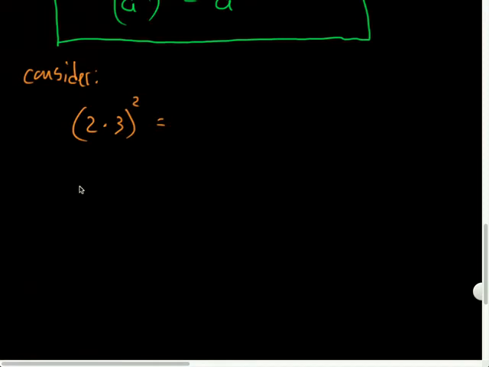Would it be 2 squared times 3 squared? Well, let's see. What does it mean to square something? It means to multiply this by itself, right? 2 times 3 times another 2 times 3. Or, hey, these 2's could pair up and those 3's could pair up. That's the same as 2 squared times 3 squared. So how would you describe what we just did?